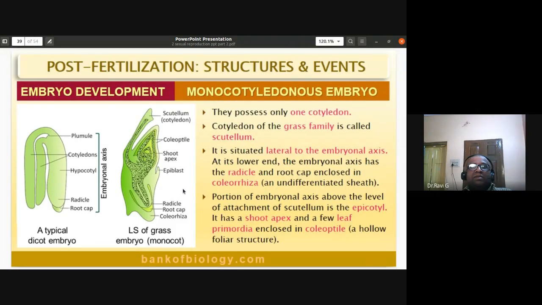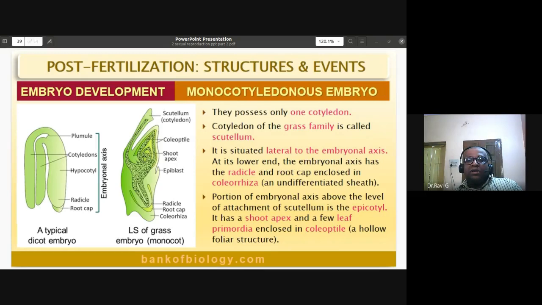So we'll stop this discussion here, and we'll again brush up on these concepts. In today's class, we have studied the post-fertilization events: the development of the embryo, the development of the ovary to form the fruit, the development of the ovule to form the seed, and the development of integuments to form the seed coat.